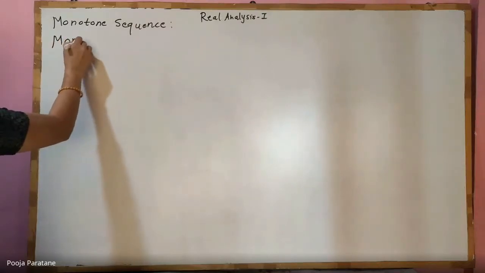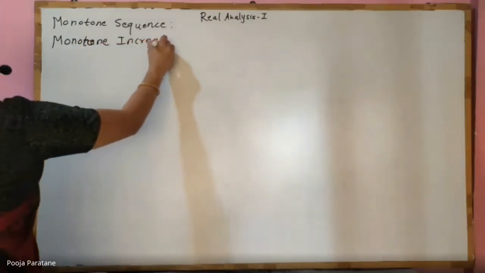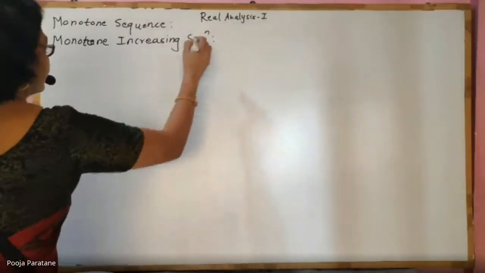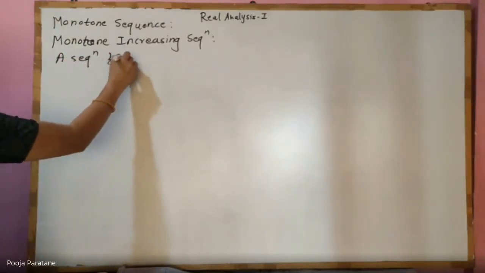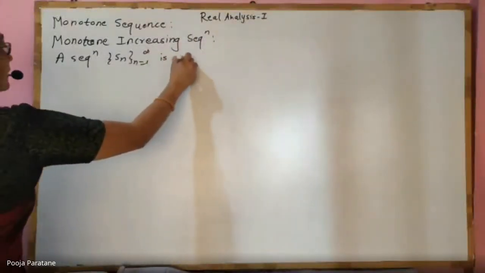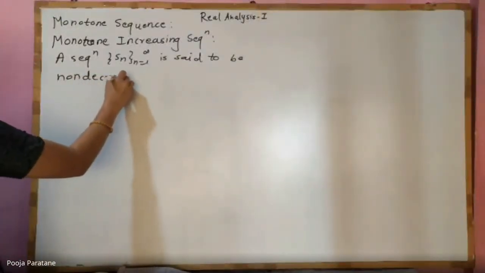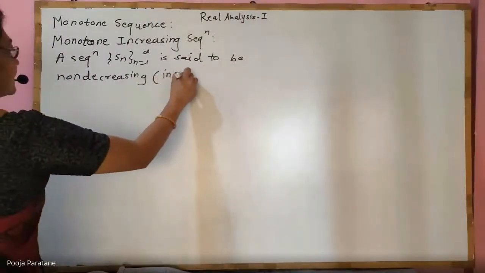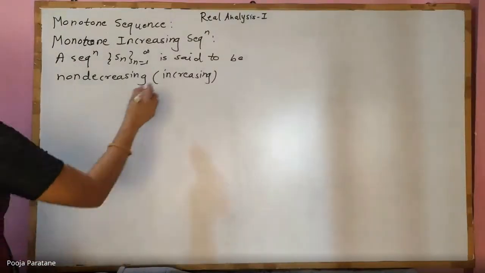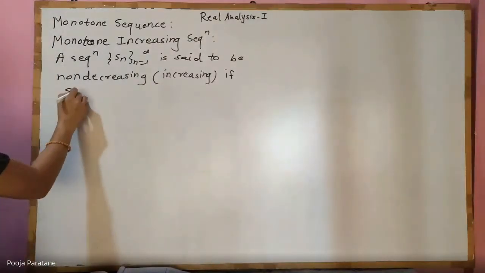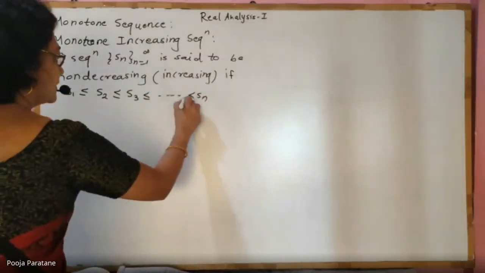First, monotone increasing sequence. A sequence Sn is said to be non-decreasing, so you can say this is increasing, if S1 is less than or equal to S2 is less than or equal to S3, and so on.